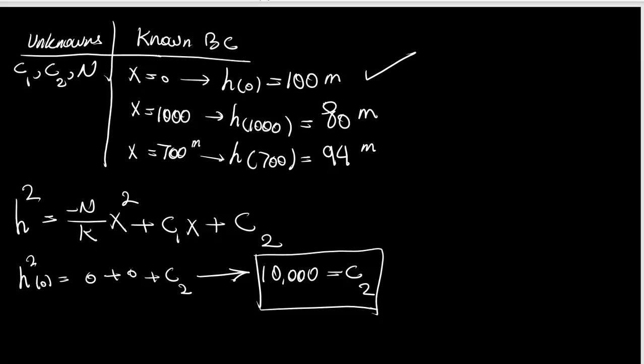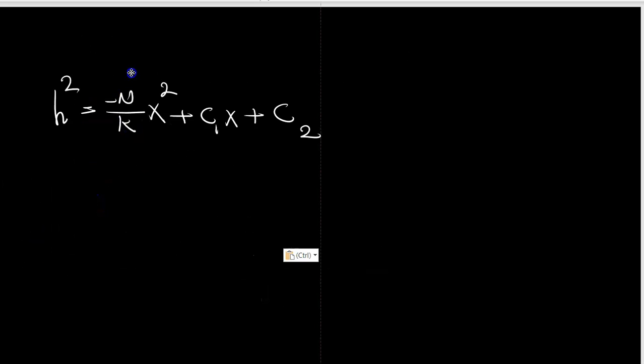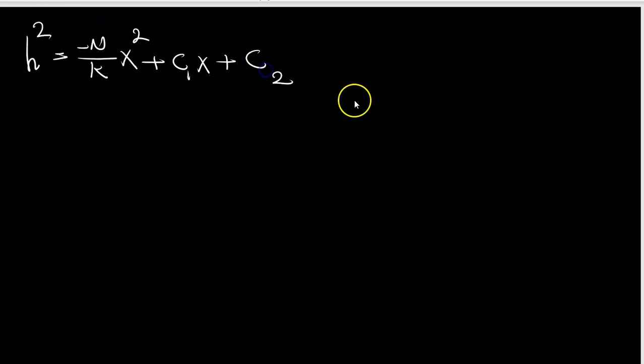Okay, so now I have the value for c2, which is 10,000.